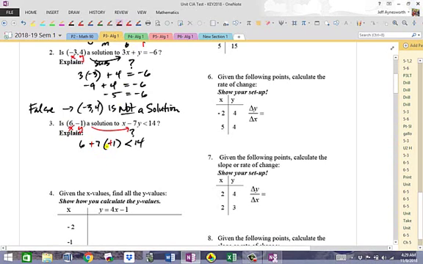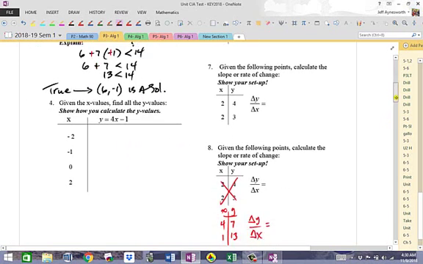Notice that I see the double negative there. I get 6 plus 7. Is that less than 14? And the answer is no. Excuse me, yes, because 13 is less than 14. That's true. So this test point, which is (6, -1), is a solution. Okay, that's all you do.